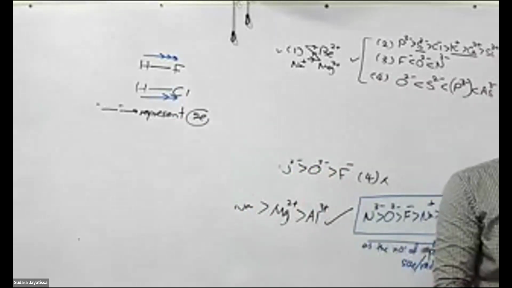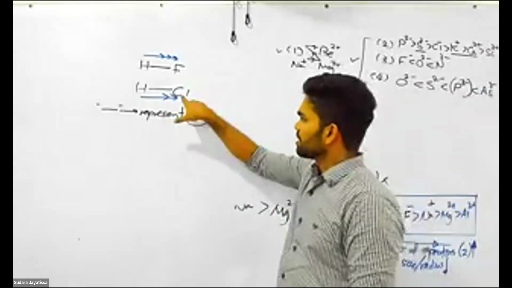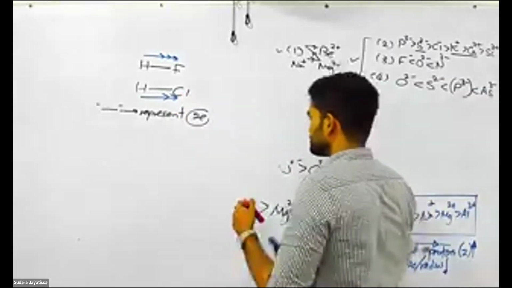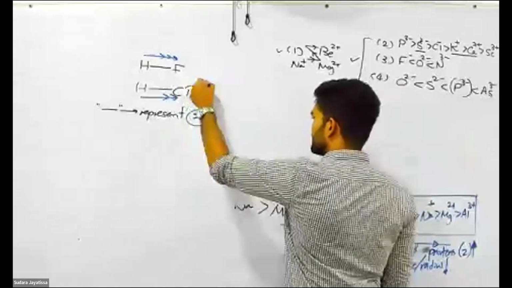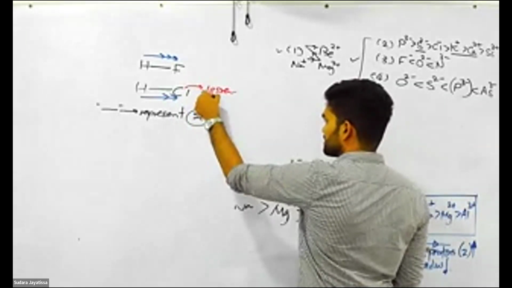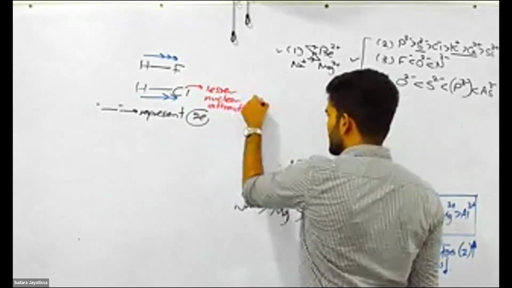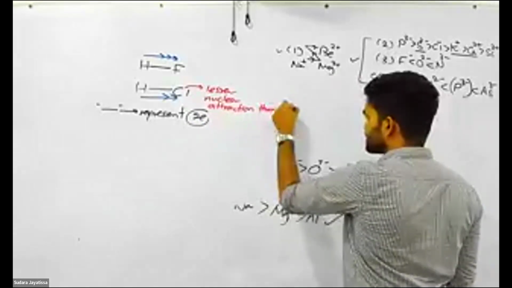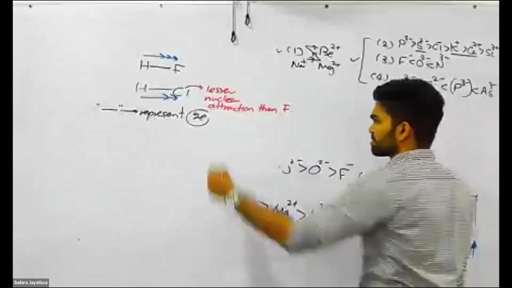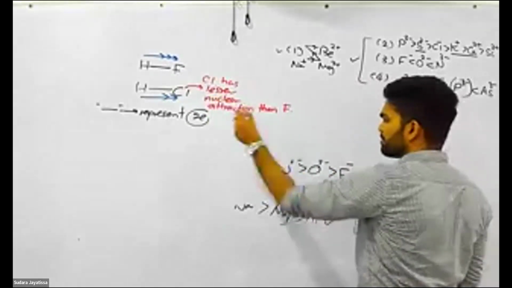The ability to attract electrons becomes weak. Chlorine has lesser nuclear attraction than fluorine.